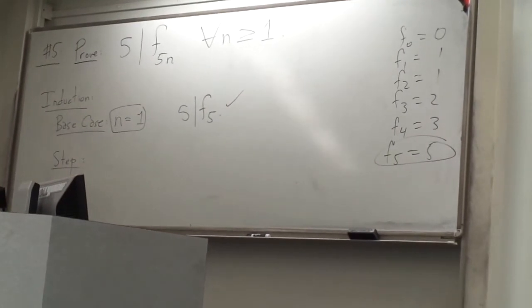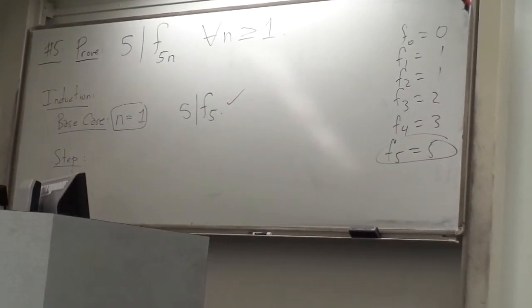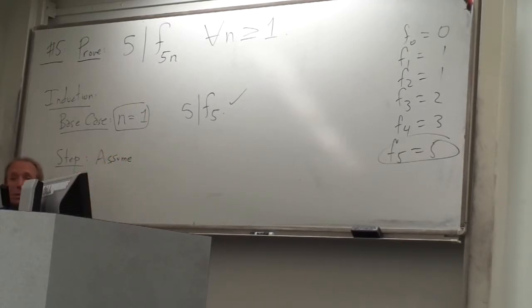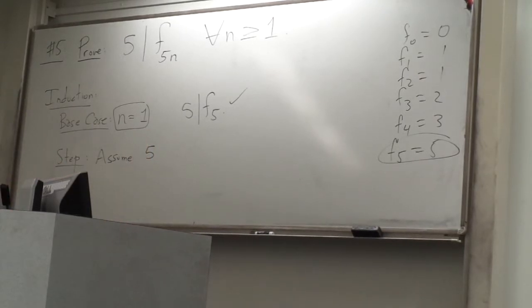So what am I going to assume here? I'm going to do it the way I like to do induction, which is not the same way everybody does it. But that is, I'm going to assume that it's true for the n-1 version of the statement.